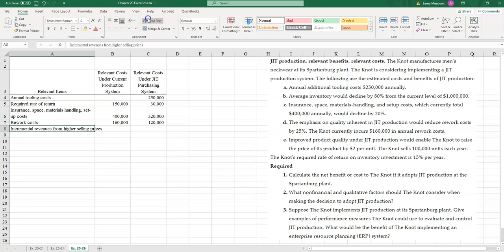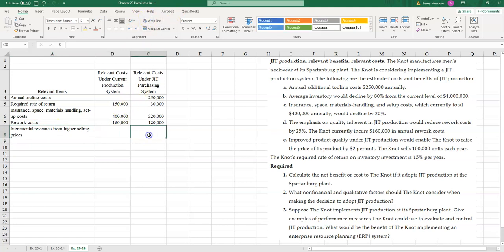So what am I going to get that's beneficial? Well, I'm going to get an additional $200,000 of revenue, and that's 100,000 units we sell each year, times $2 per unit that we're going to be able to charge more. So in this case, the extra revenue is going to offset some of the costs that I'm incurring under this just-in-time system that I otherwise would not get by keeping my current production system.